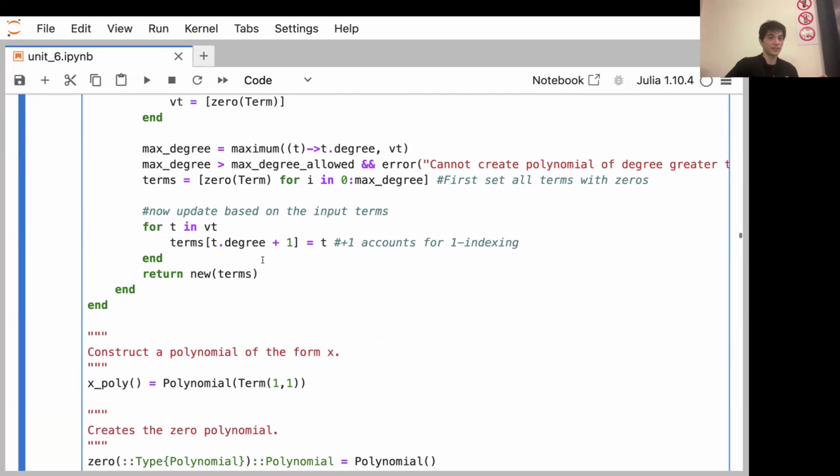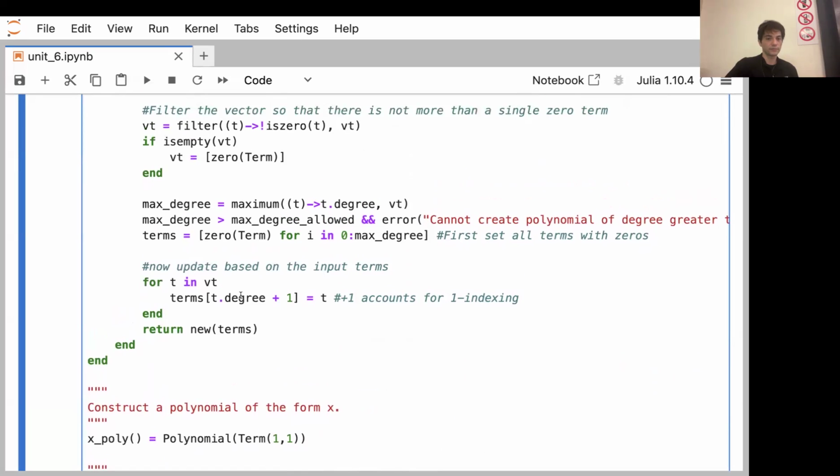Yes, sir. Wouldn't the ith one be degree i minus 1 since we're starting from 0? So the first one actually relates to degree 0. Plus 1 accounts for 1 indexing.